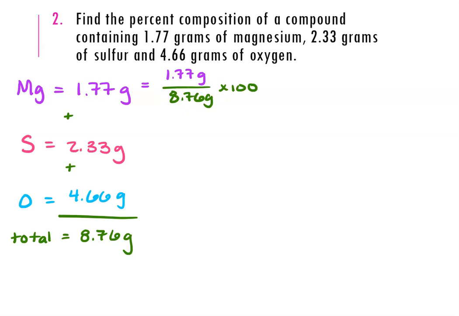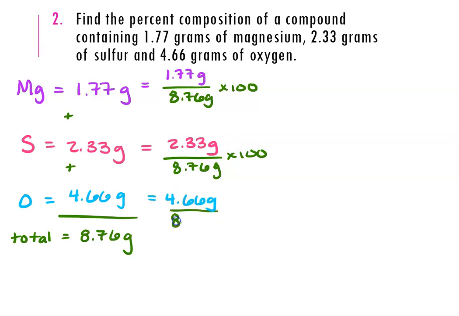So 1.77 grams divided by 8.76, 2.33 grams divided by 8.76 grams times 100, and then 4.66 grams divided by 8.76 grams times 100.